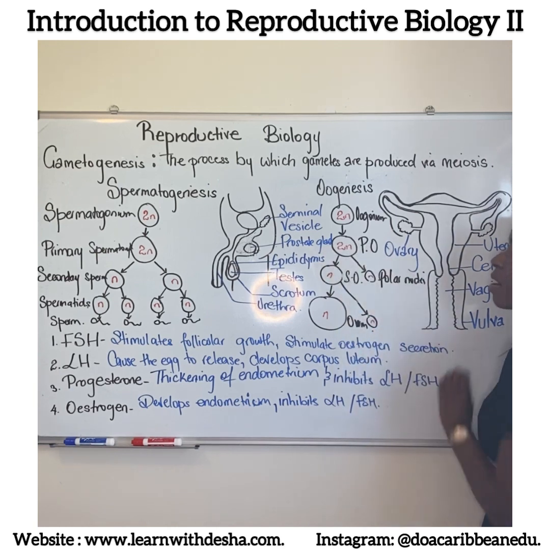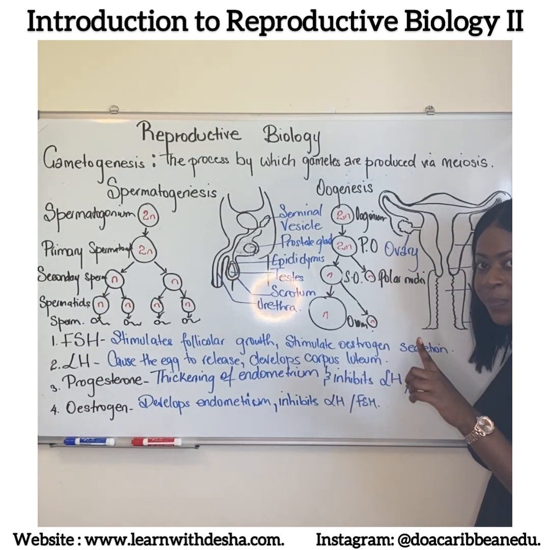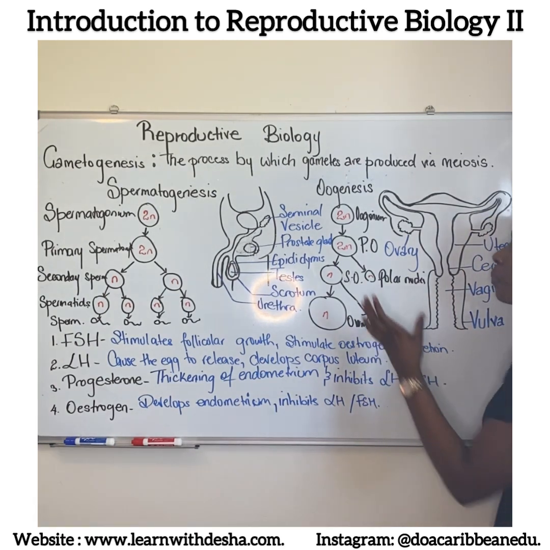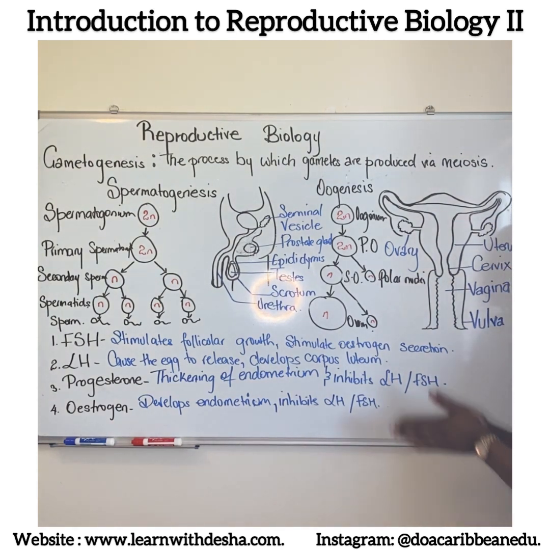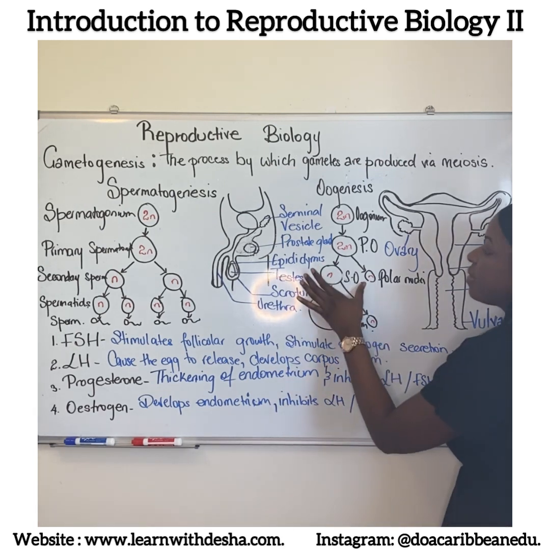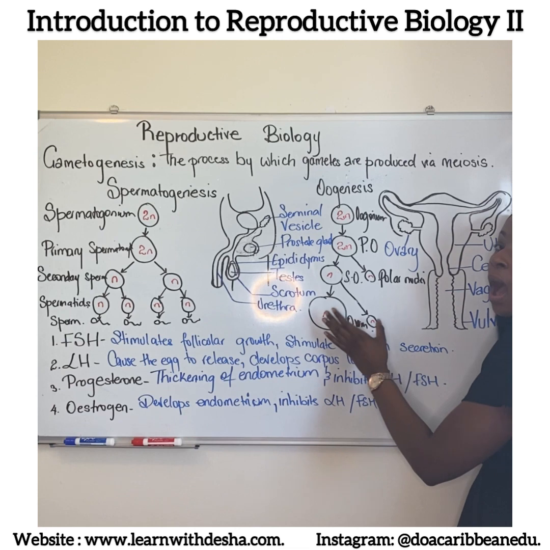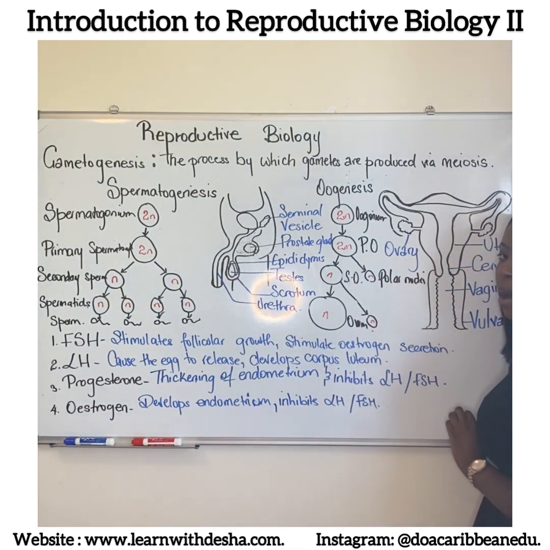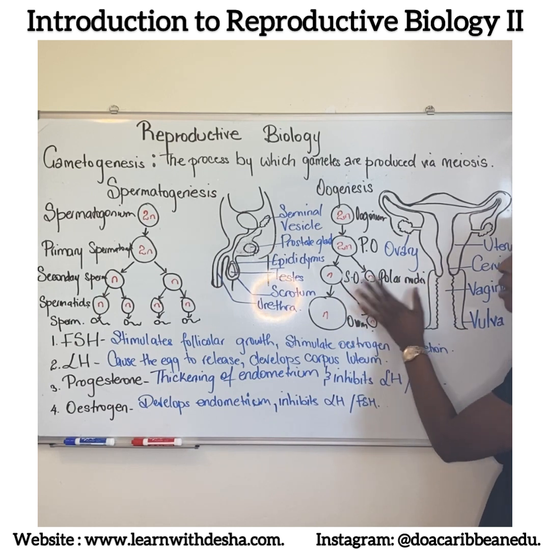Now, the primary oocyte undergoes meiosis 1 but stops at prophase 1. At puberty, the primary oocyte will complete meiosis 1 to form a secondary oocyte. This secondary oocyte undergoes meiosis 2 to form an ovum and a polar body. This polar body or polar nuclei is not really important.